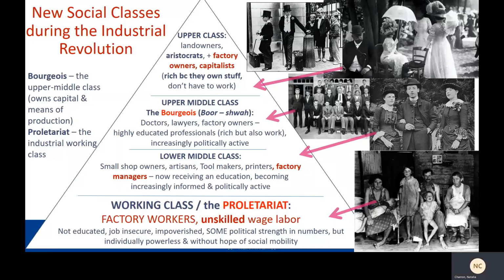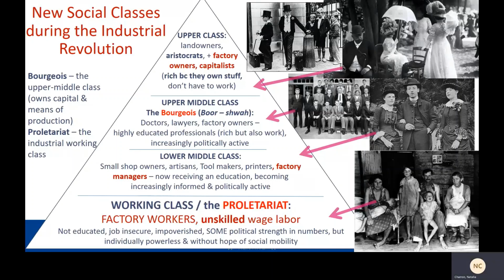With this change in the hierarchy and in the location of these classes, you had the potential for a giant political problem. If these huge numbers of workers all got frustrated at the upper class at the same time, revolutions could happen. And this was something with serious precedent in Europe and something that people in power very seriously did not want to happen.